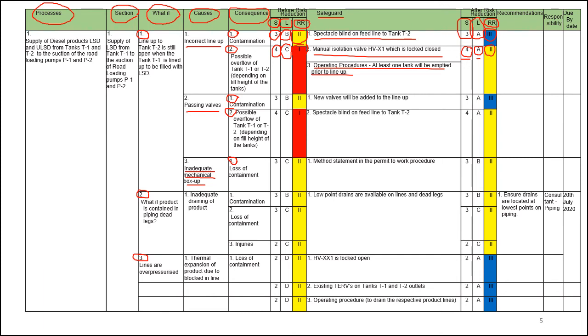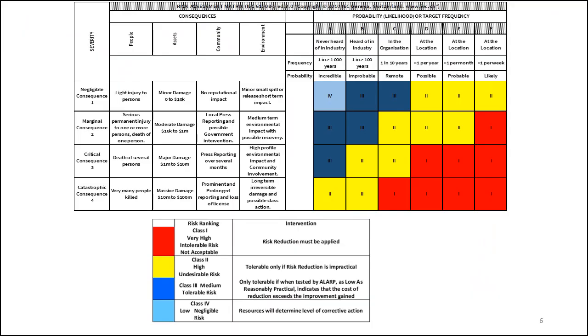We now look at the last slide. The last slide, page 6, is a reproduction of our risk matrix, which was derived from IEC 61508-5 edition 2 by permission, and is merely entered here to show how on our what-if record form on the previous slide, we automatically look up the risk rankings.